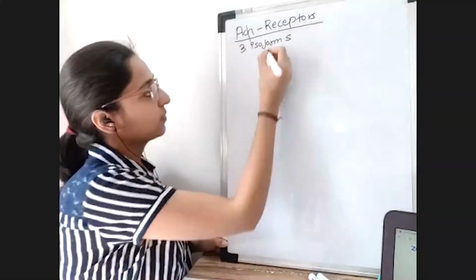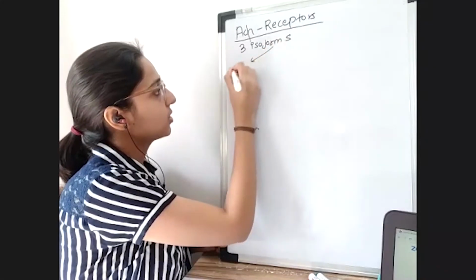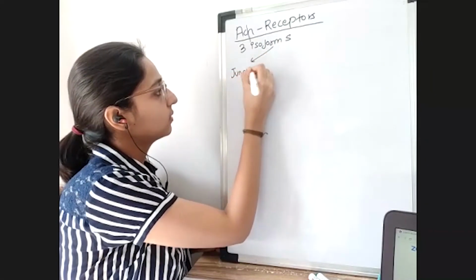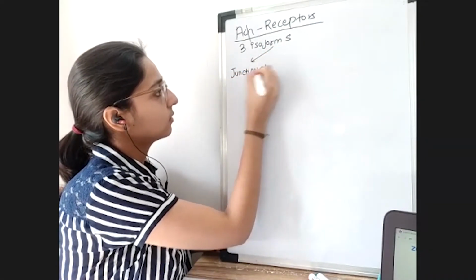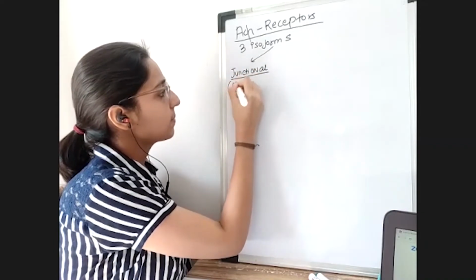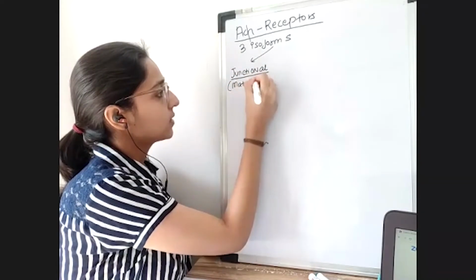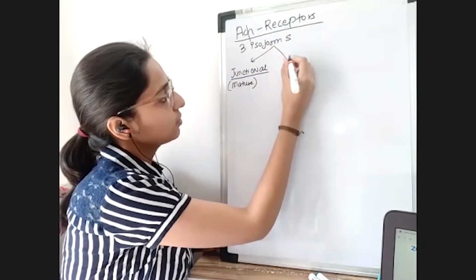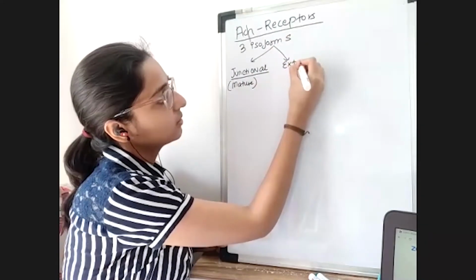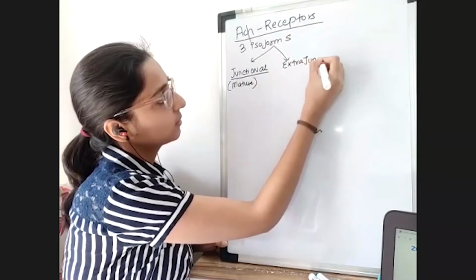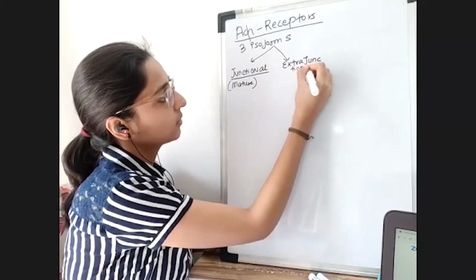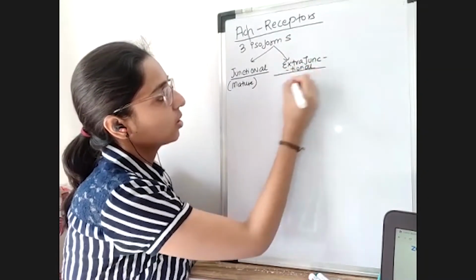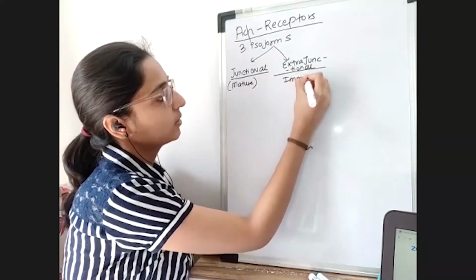So first you have the junctional, also known as the mature receptors. The second are the extrajunctional, also known as the immature type.